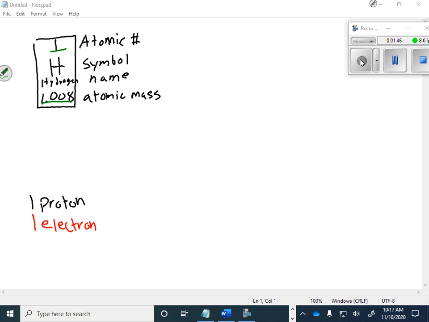Remember to round your atomic mass. So this atomic mass, 1.008, rounded to the nearest whole number would be 1, because it's closer to 1 than 2. So the atomic mass minus the atomic number gives us 0 neutrons.